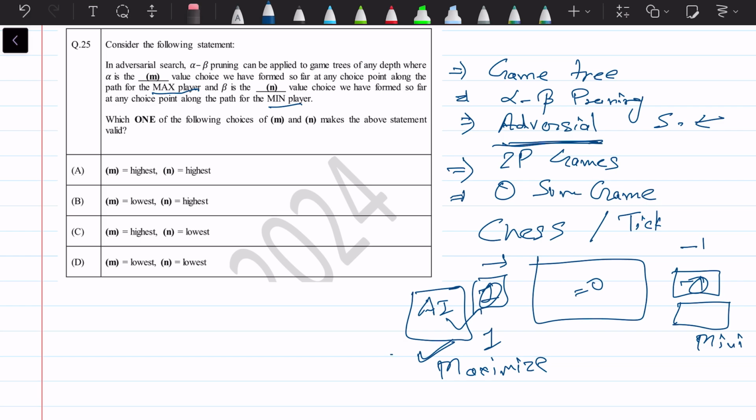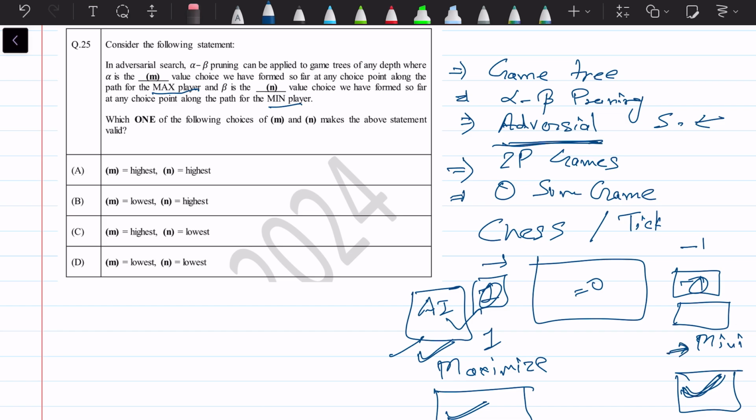So now this player needs to maximize its reward, and this player needs to minimize its reward, because they are programmed that way. It has nothing to do with the minimization meaning less; no, they are programmed that way, its goal is to minimize and its goal is to maximize.